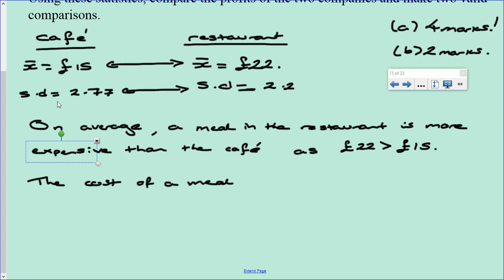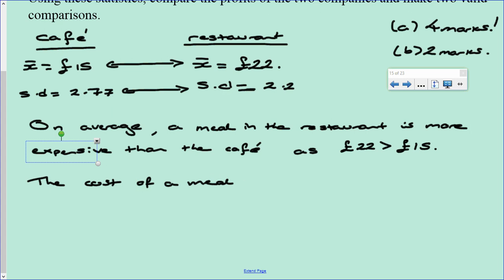Now here, our cafe has a standard deviation of 2.77, which is bigger than 2.2. Going back to our notes, which you will copy down after this, because that number is bigger, it means it is less consistent.